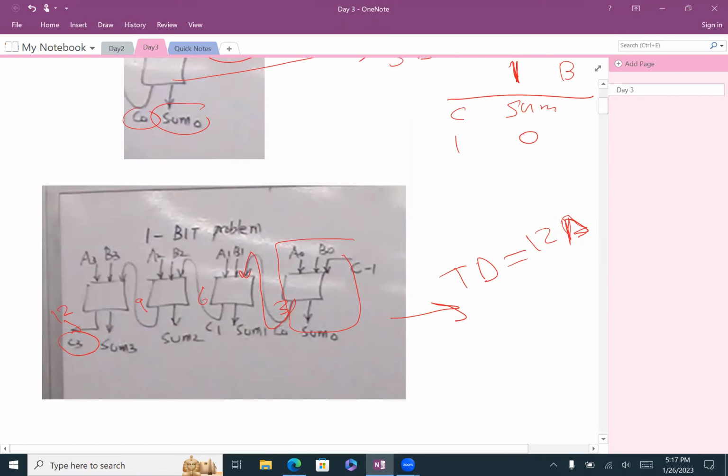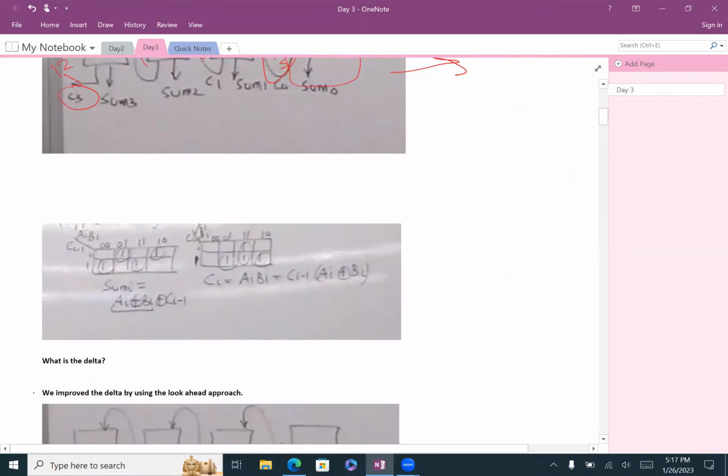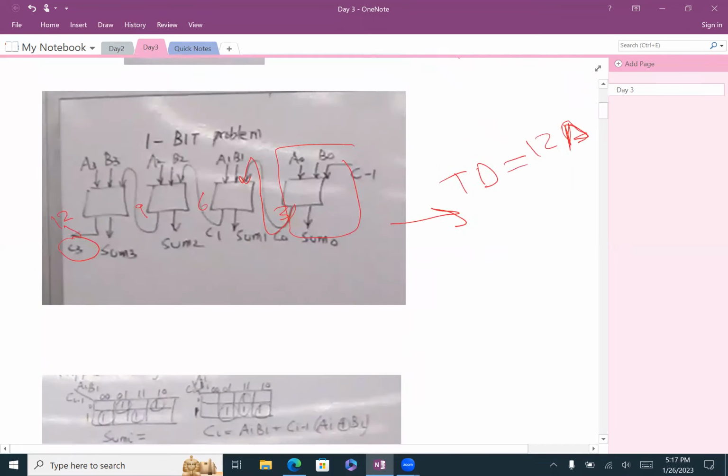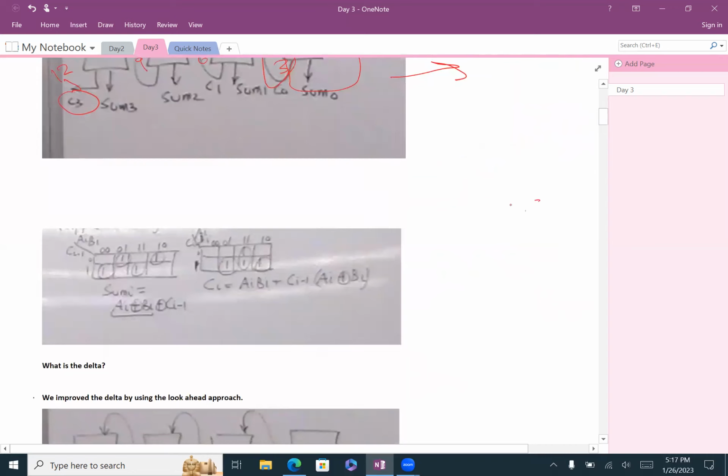So now let's do a review for that. How did we do that? Before, how do we know it's 3 delta here? Remember, when we do a 1-bit design, we say we'll have A0, B0, correct? Then you will have C minus 1. Then you will have sum 0 and carry 0.